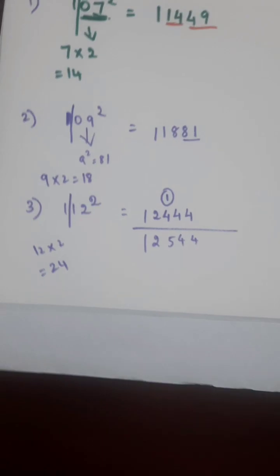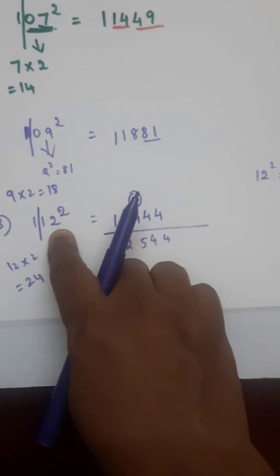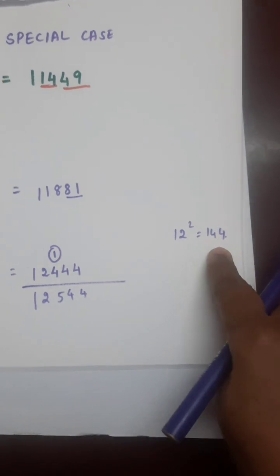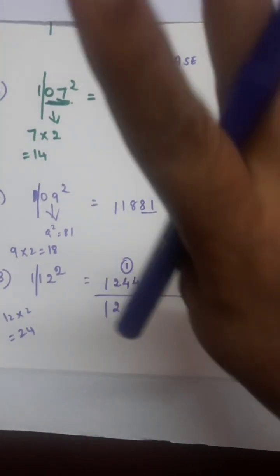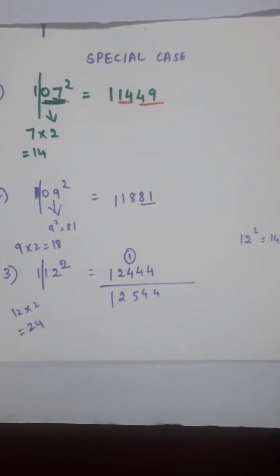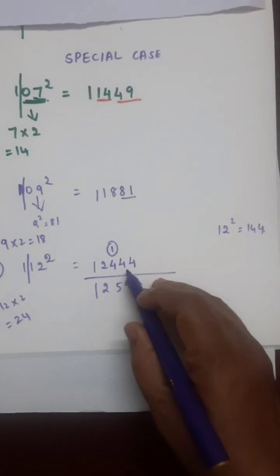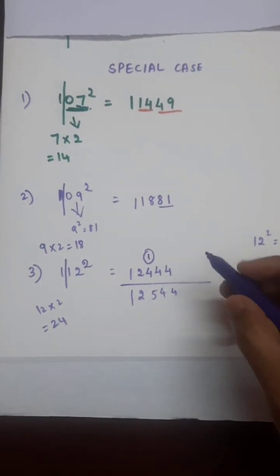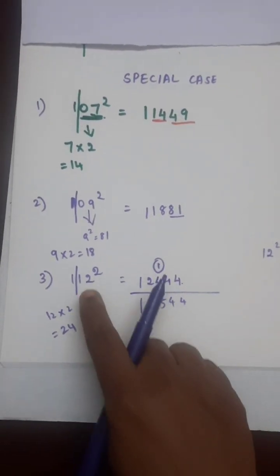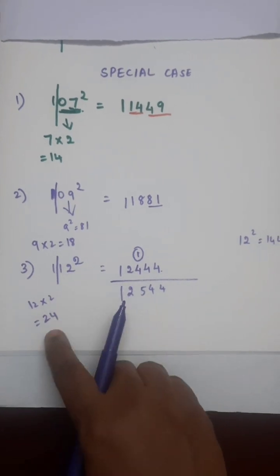Once again I will tell you. We are segregating the last two digits. 12 square is 144. We have a three digit number, but usually we will write only two digits. So the third digit will be sent as a carry. Only that 44 will be written here, and the 1 will be kept as carry. Like this I have written. And we have to double this number. 12 into 2 is 24.